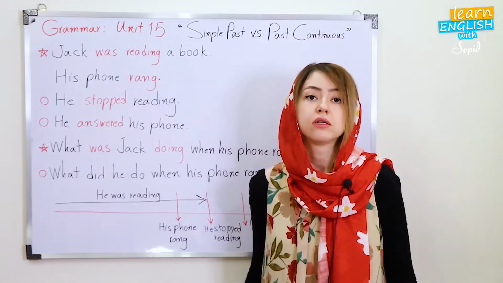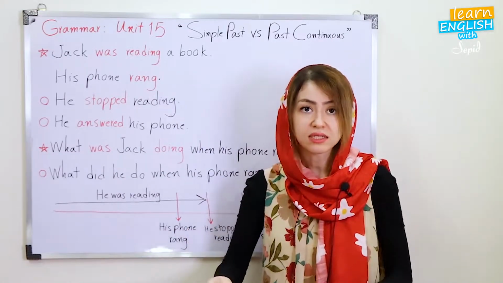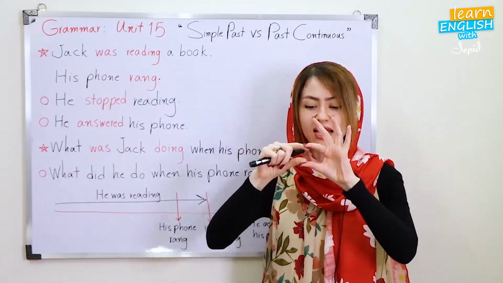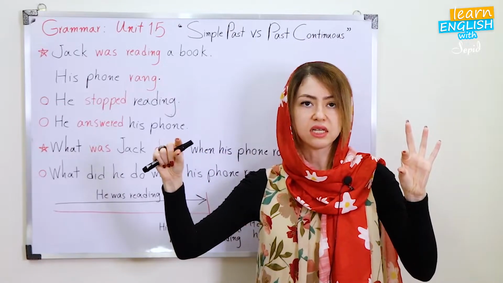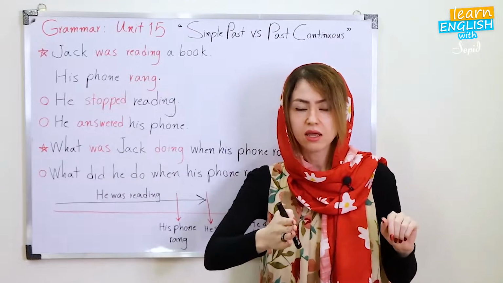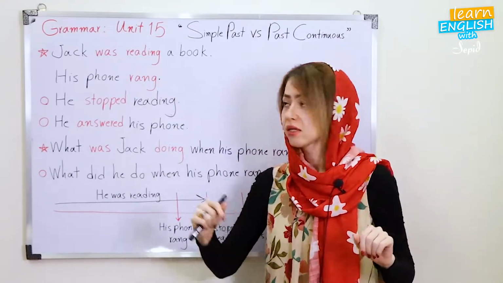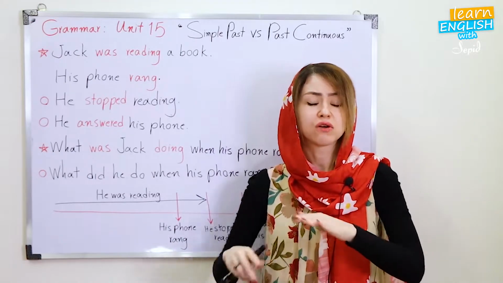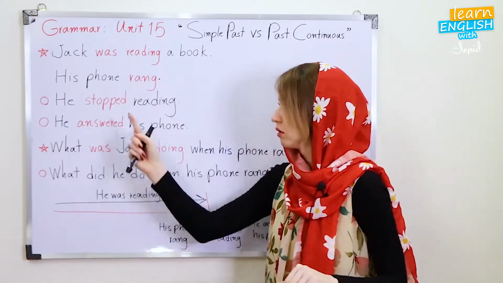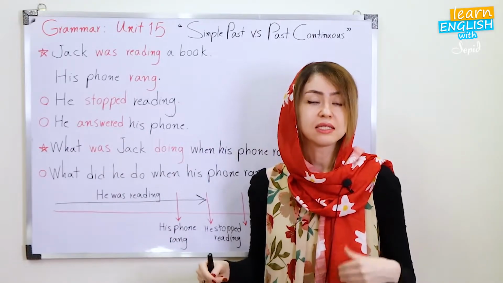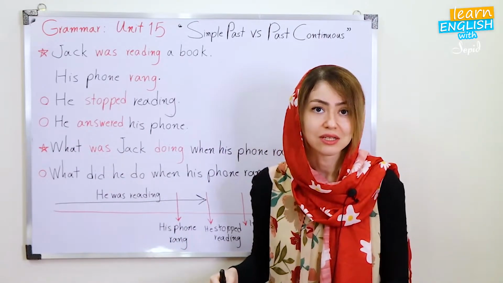We wanna put it across that Jack was doing something, an action which was continuous. Here, his phone rang, cut that action, then he stopped reading, the action was totally cut. He answered his phone. He did another action.